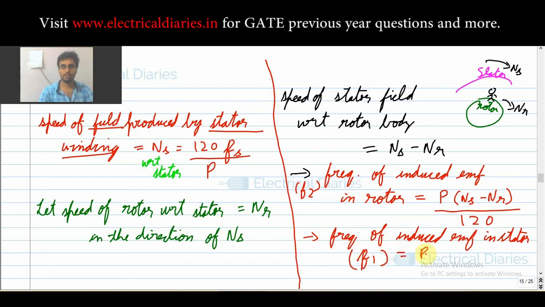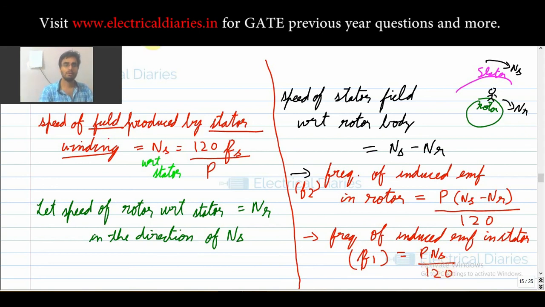It will be given by P into Ns, because the stator field is moving with respect to the stator at the speed of Ns only, which is why I am using Ns here. Now you are getting the importance of that statement that I wrote on the previous page. So your F1 will be P Ns by 120.